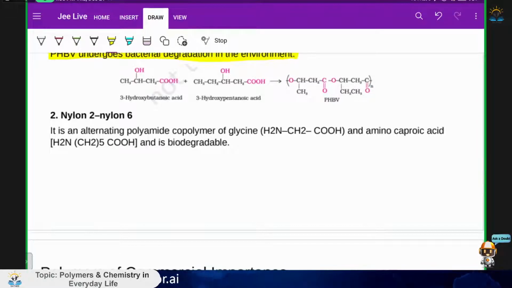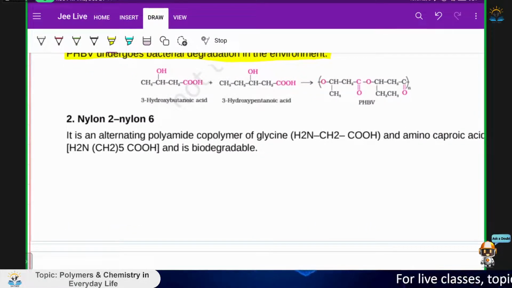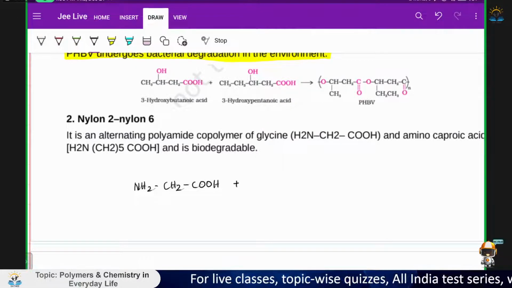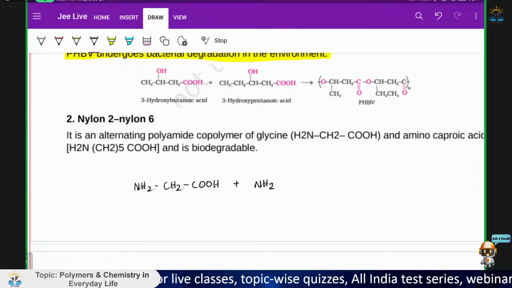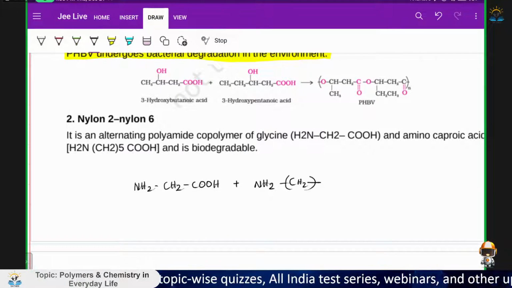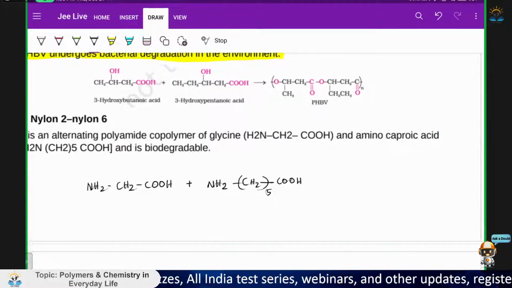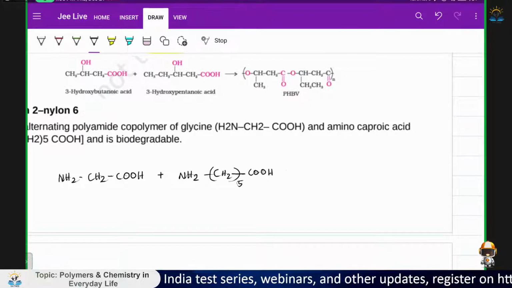Now, nylon 2-nylon 6 is another biodegradable polymer. It is an alternating polyamide polymer of glycine and aminocaproic acid. So we'll try to draw the diagram here. We have NH2, CH2, COOH, glycine, which combines with NH2, CH2 five times, COOH, aminocaproic acid. When we combine these, what happens?